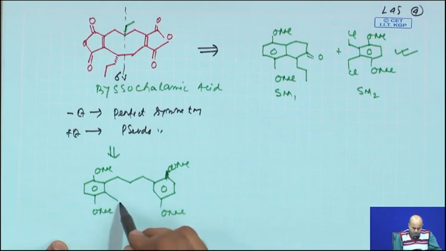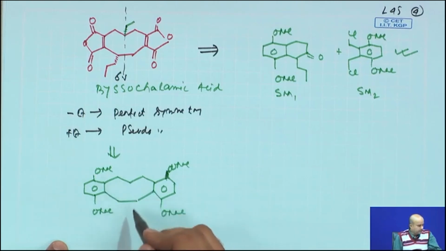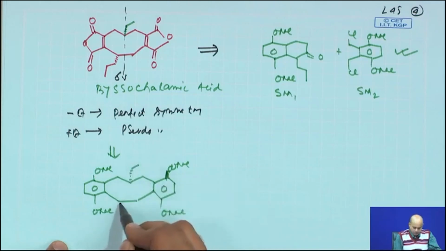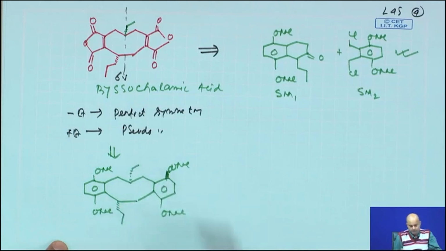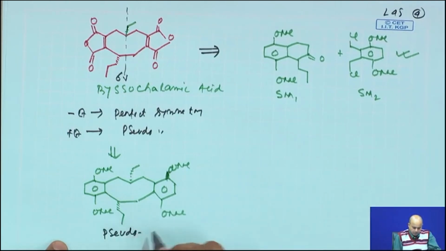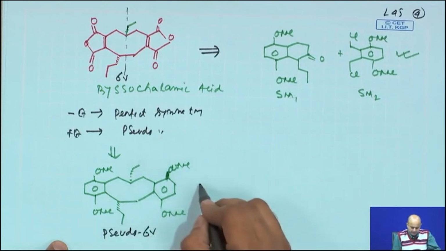The remaining part of this molecule will remain similar. We will put an ethyl group here, we will put an N-propyl group here. So, this is fine. Initially this is again a pseudo sigma v or pseudo symmetrical, right.